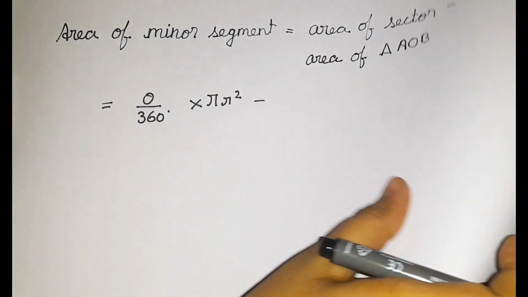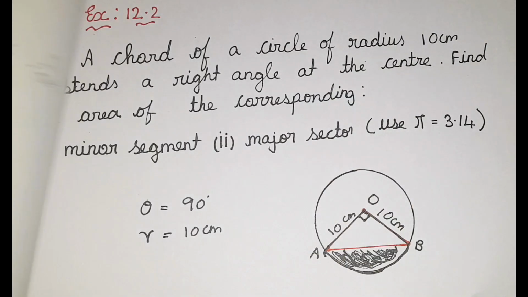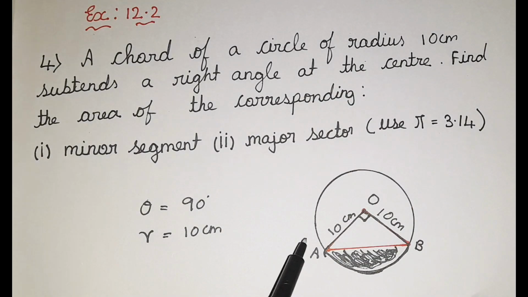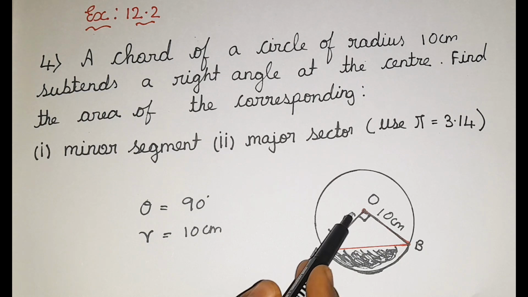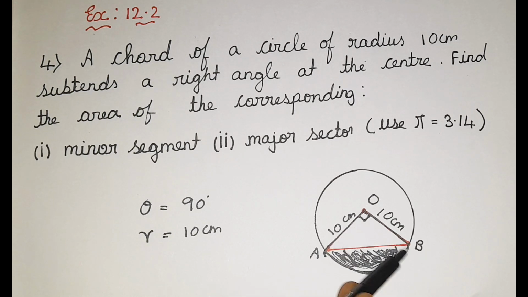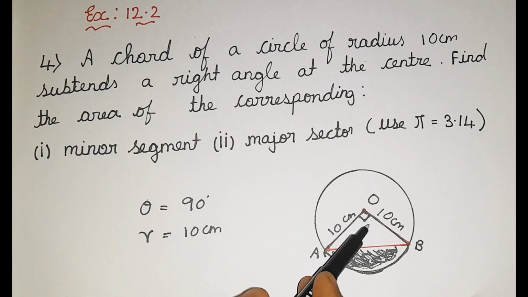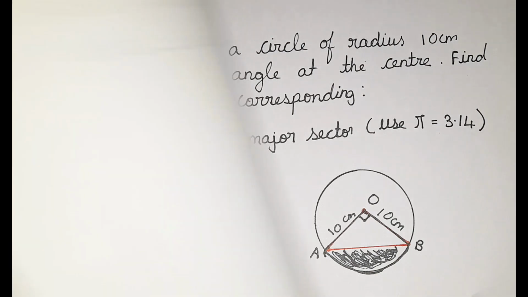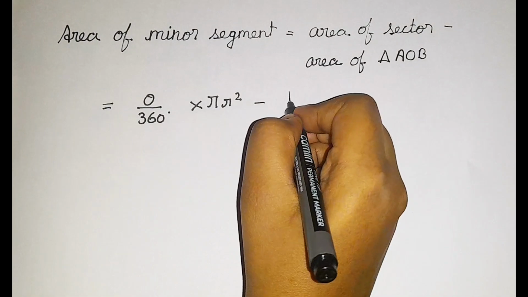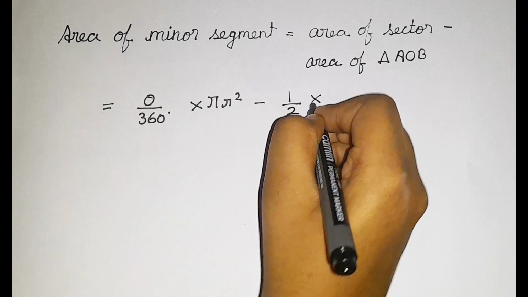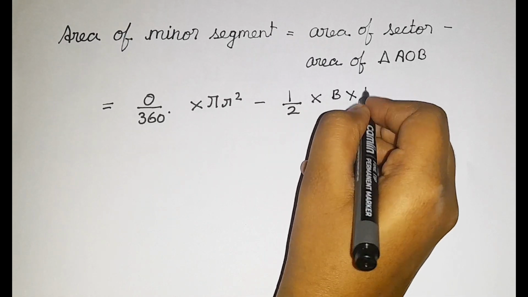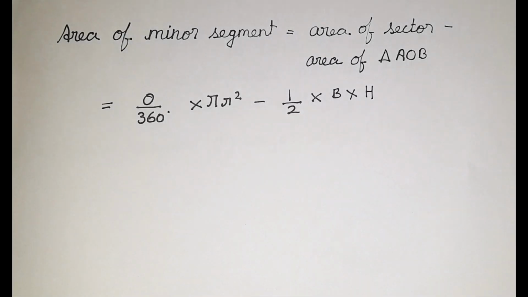Here we have a right angle triangle, which has 90 degree, am I right? So remember guys, whenever we have 90 degree in a triangle, we are supposed to use this formula, half into base into height.